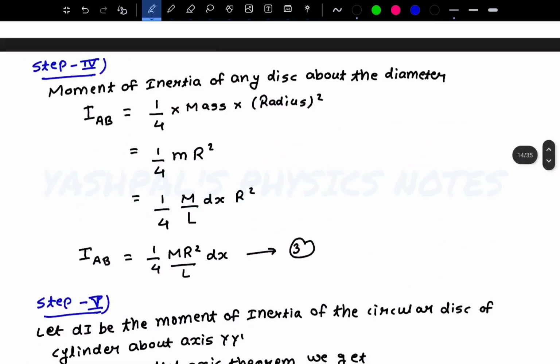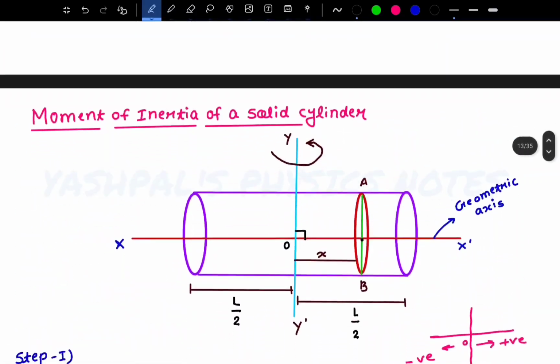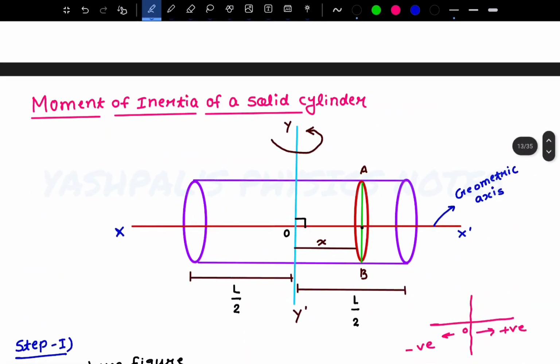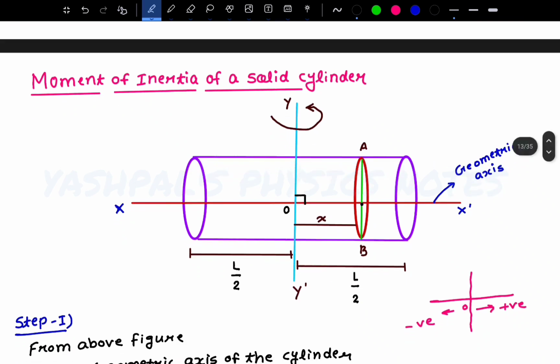How can I do that? See, if I consider this figure, and consider this O as our coordinate axis, we can consider the values on the right side of this coordinate axis as positive. What if I consider only this portion on the RHS of the y dash axis?